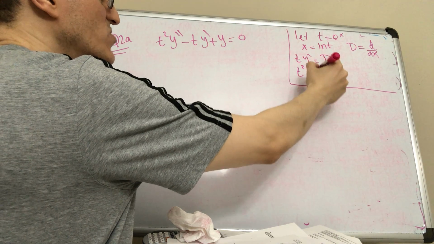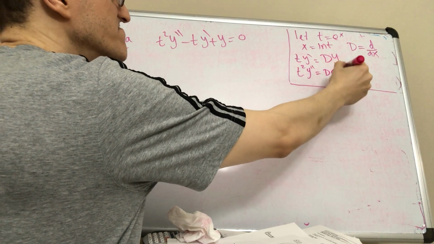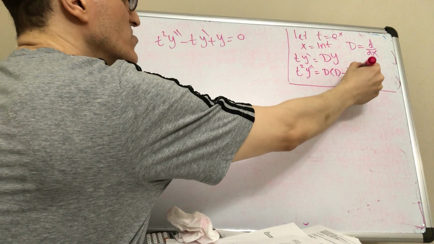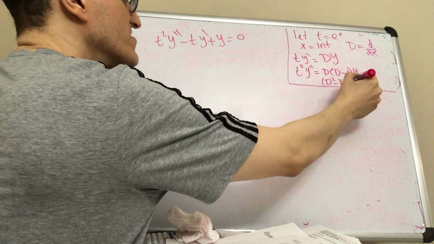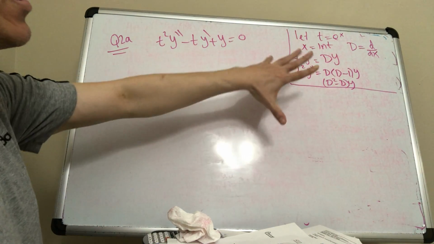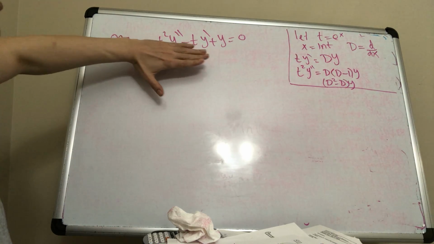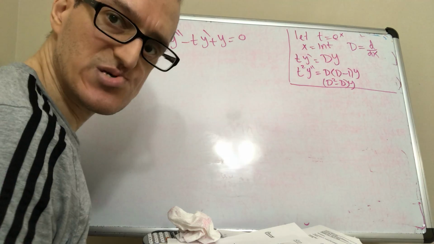And t squared y double prime would be D times D minus 1 times y, which is D squared minus D, times y. You're always going to sub in these when you get a question that looks like homogeneous, but where there is an extra t involved.